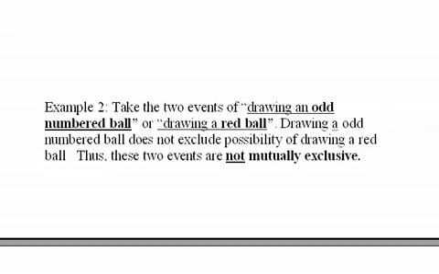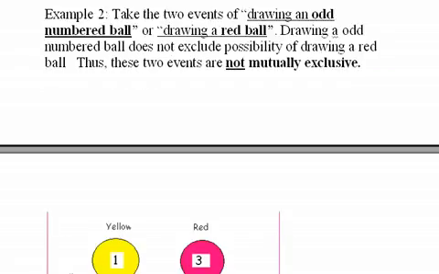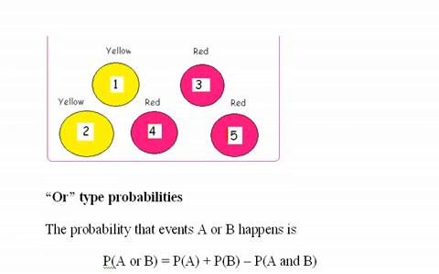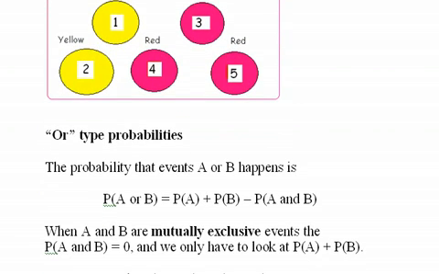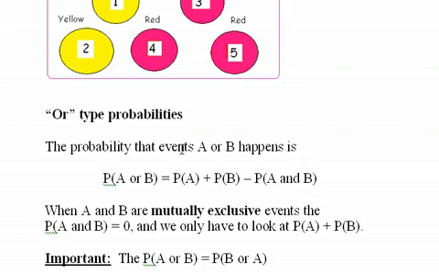Now this is important because when we talk about OR type probabilities, which we will, here it is, OR type probabilities. The probability that A or B happens equals the probability of A plus the probability of B minus the probability that both A and B happen at the same time.